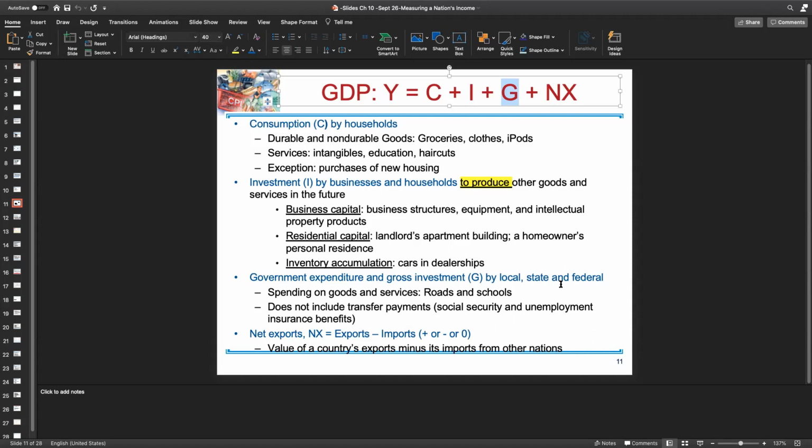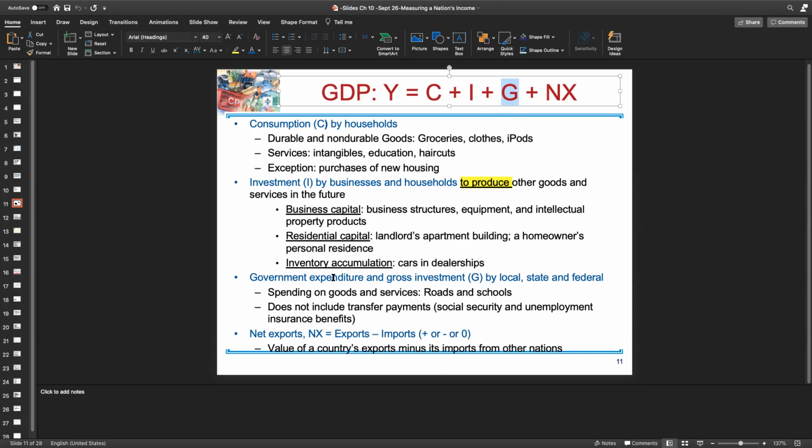So if the state of Maryland, the federal government, or your local Baltimore County is spending on goods and services, building roads and schools, these are all counted in G as government expenditure.